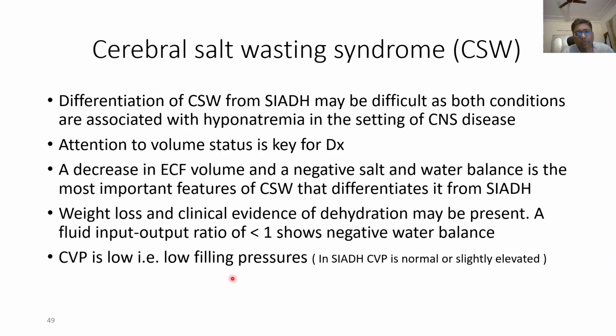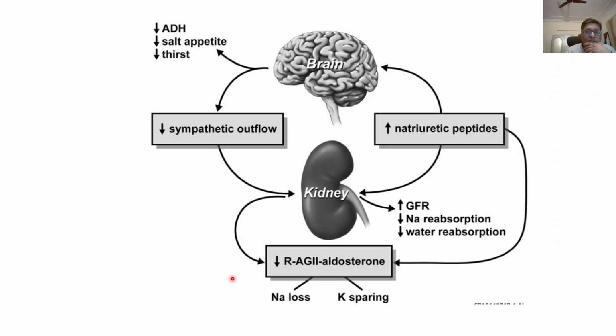So CVP is going to be low because CSW patients are more dehydrated. There are various theories why it happens: decreased ADH, decreased salt appetite, decreased thirst, decreased sympathetic outflow, decreased renal angiotensin, so no sodium absorption, sodium is being lost, potassium sparing is happening, increased natriuretic peptides also increase the sodium loss, increased GFR, decreased sodium reabsorption, decreased water reabsorption. All this leads to increased salt loss in the kidneys.